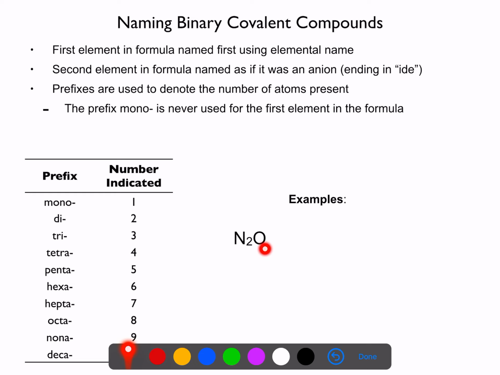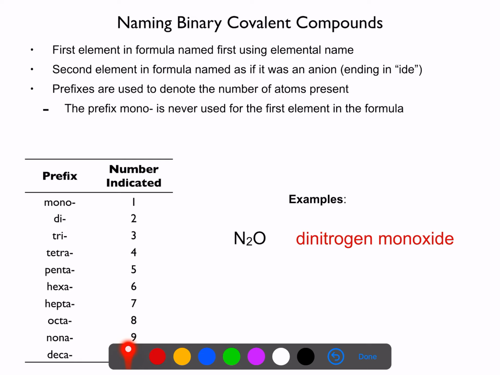If we wanted to write the name of this, we have 2 nitrogens, so we'd start off by saying di-nitrogen, and we have 1 oxygen, so we'd have to do monoxide. So di-nitrogen monoxide. All right, and notice the space between the 2 words for our two elements. So here would be the name of our compound.